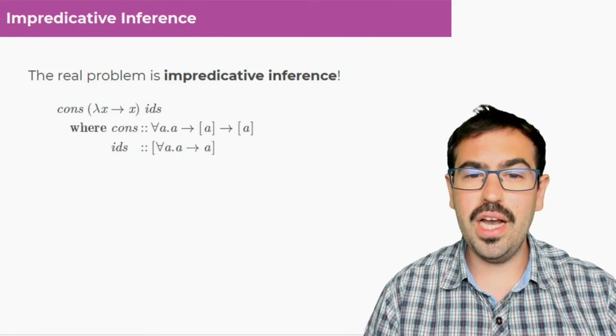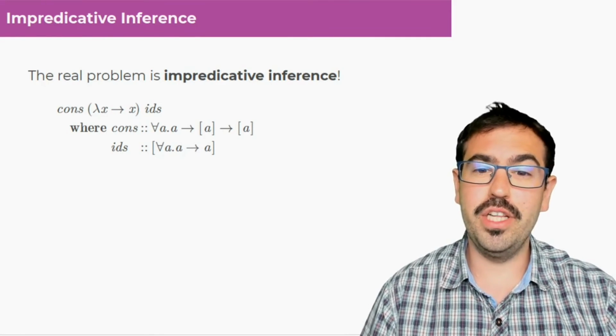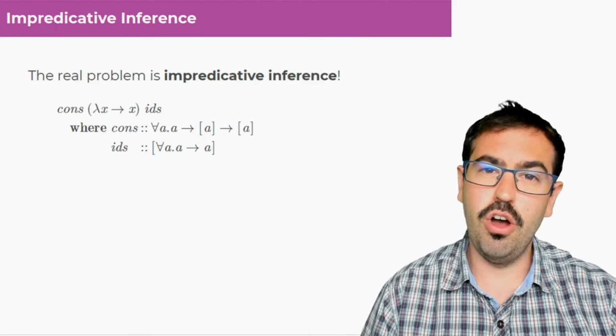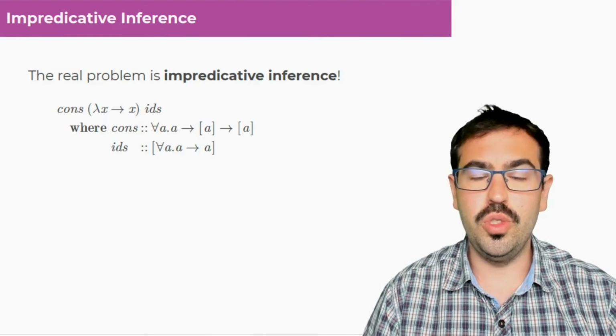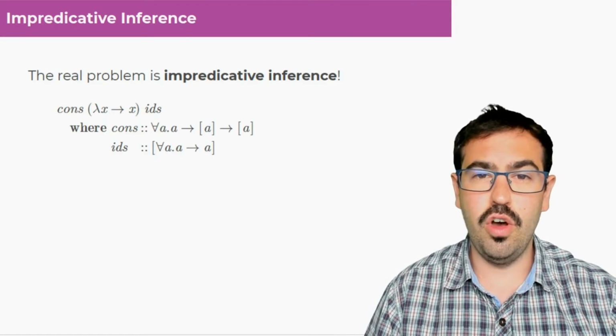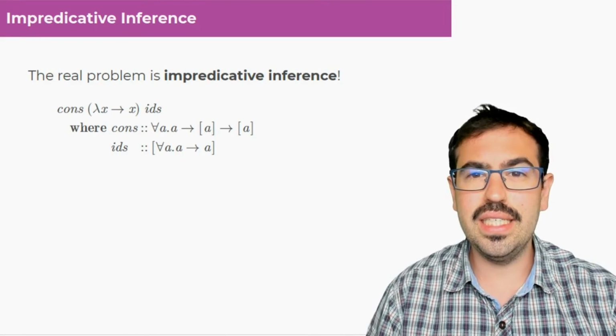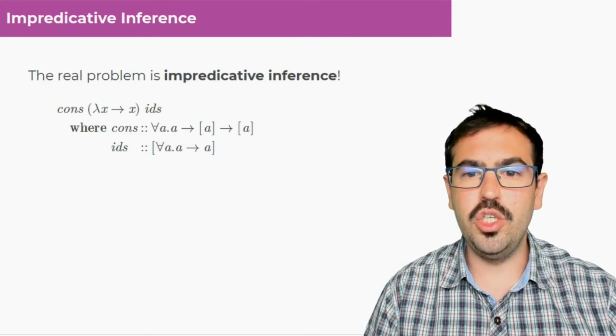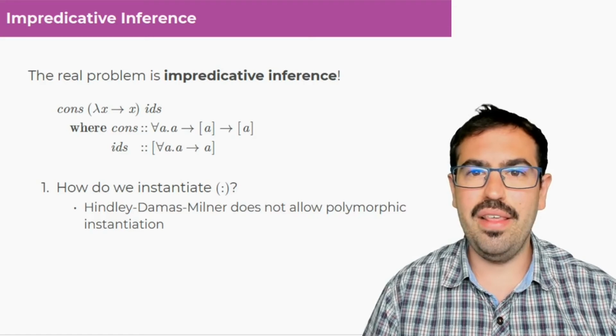So the problem actually is not impredicativity, but impredicative inference. We want to write something like here, where we cons an identity function to ids, which is itself a list of forall a. a to a's, and we want the inference engine to be able to add anything we need.